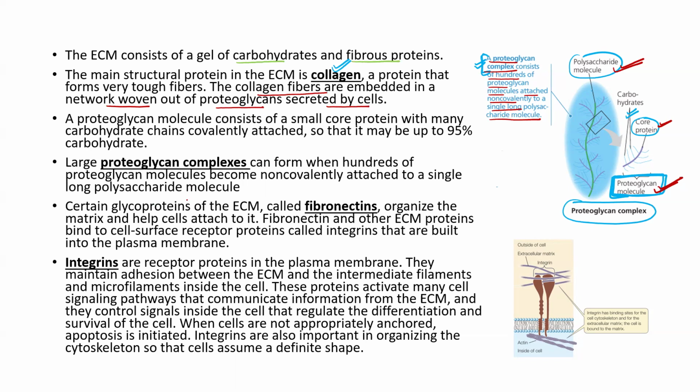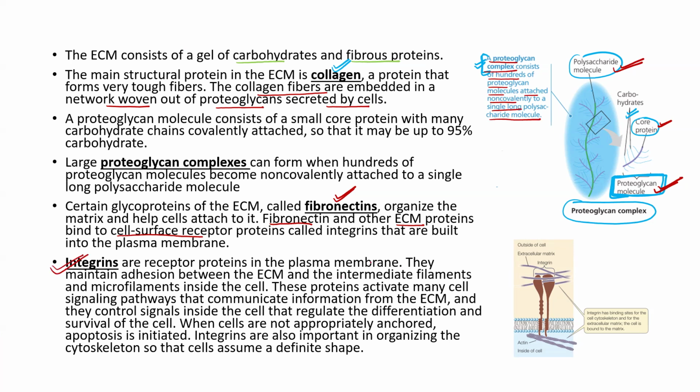Another important component is fibronectin. Fibronectin is the one which connects the proteoglycan or collagen to the receptor proteins. So fibronectin and other extracellular matrix proteins bind to the receptor protein present on the cell membrane. One very good example of a receptor protein is integrin.